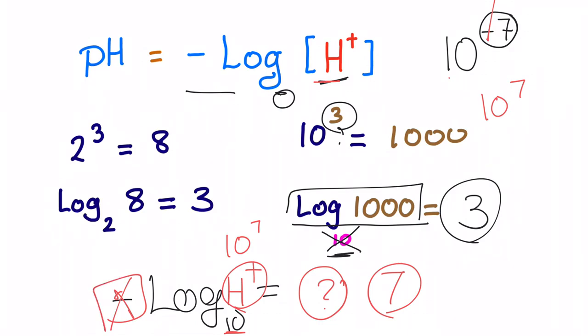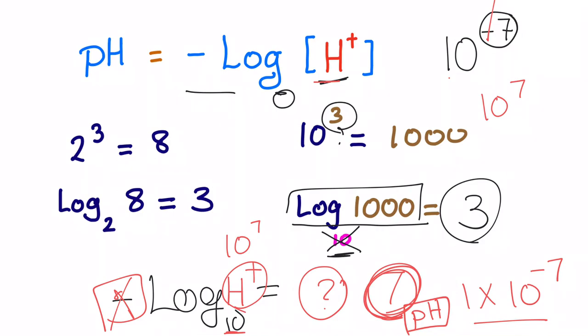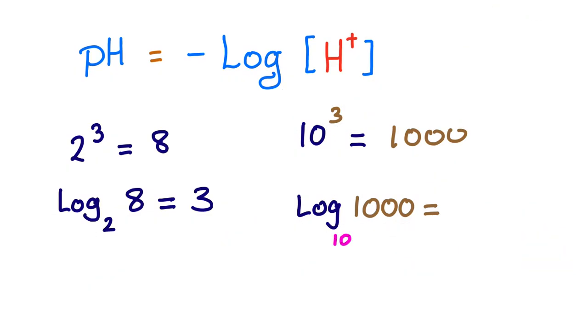Perfect. So instead of writing 1 times 10 to the power negative 7, I can just write 7 as a pH. So the pH is 7. The hydrogen ion concentration is 1 times 10 to the power negative 7, so the pH is just 7.